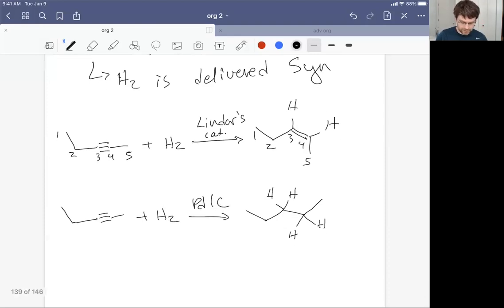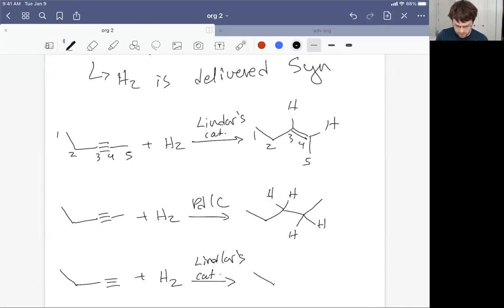Now, if we use Lindlar's catalyst in the presence of an alkyne that's called terminal, that is, it's at the end of a chain, one side's hydrogen, the other side is the rest of the molecule, all of a sudden we don't have to worry about cis and drawing that cis product, because the cis product doesn't exist because there's two hydrogens on either side.